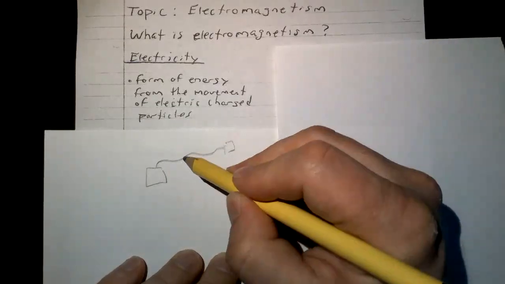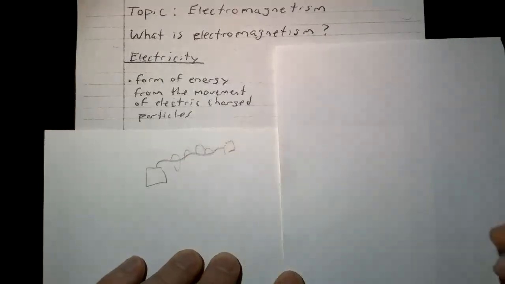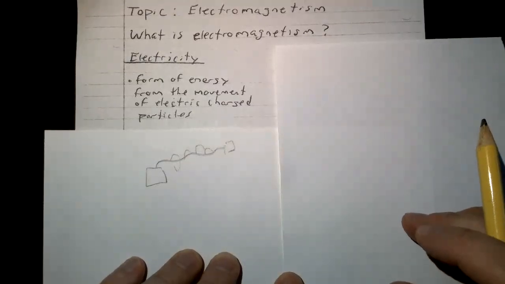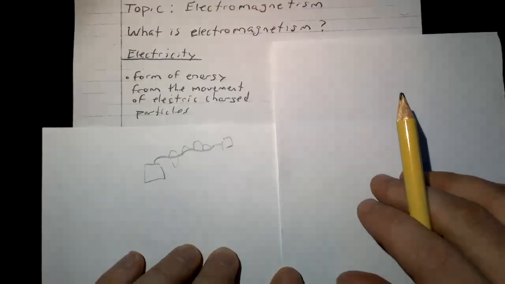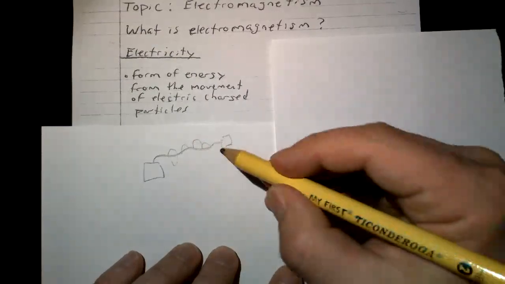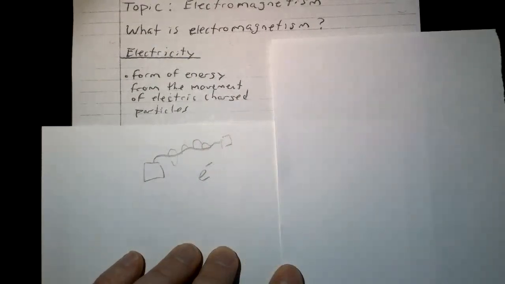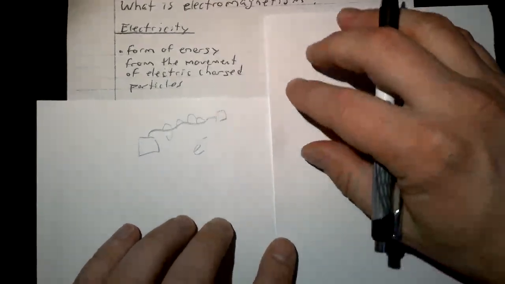But what you're doing is moving these electrons through this wire. And when you're doing that, you're creating some kind of field, and we're going to talk about that in a little bit. But you have these electrically charged particles. Remember, electrons are those things that look like this, and they have a negative charge, and they are around the atom, which we're going to talk about here.